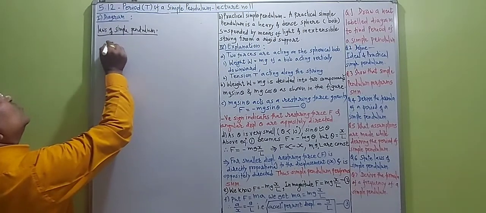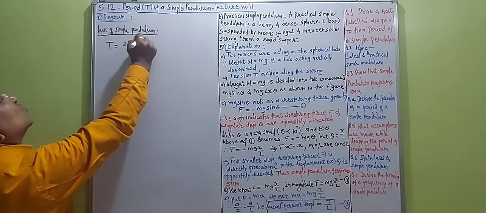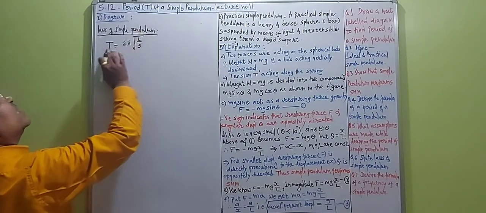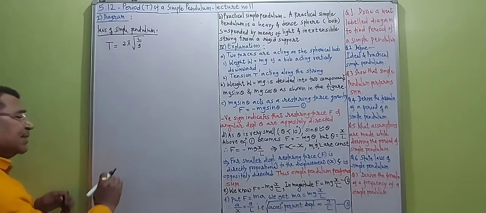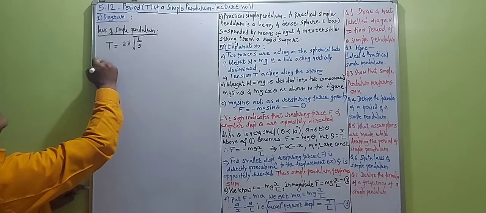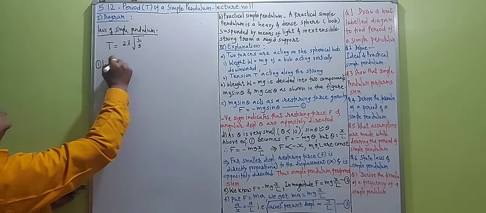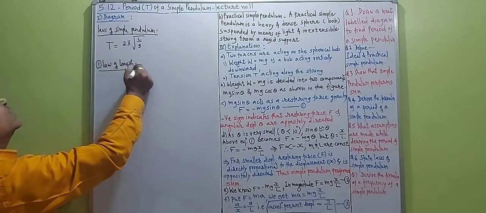Okay. We know period of a simple pendulum is 2 pi square root of L upon g. And obeying this formula, we can state easily the laws of simple pendulum. The first law is called the law of length.